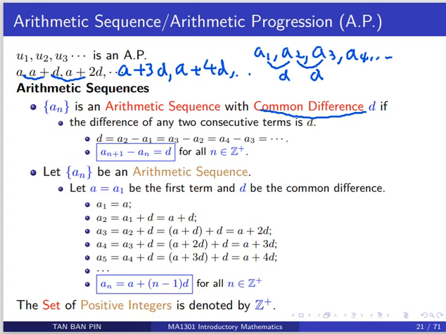So you see that D is actually a2 minus a1, a3 minus a2, a4 minus a3, and so on. So in general, D is a_(n+1) minus a_n.